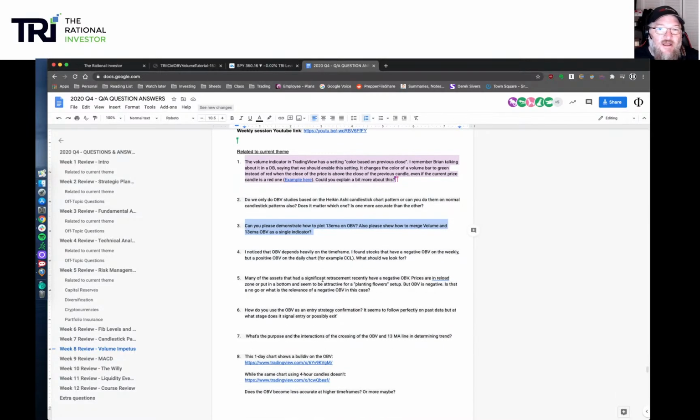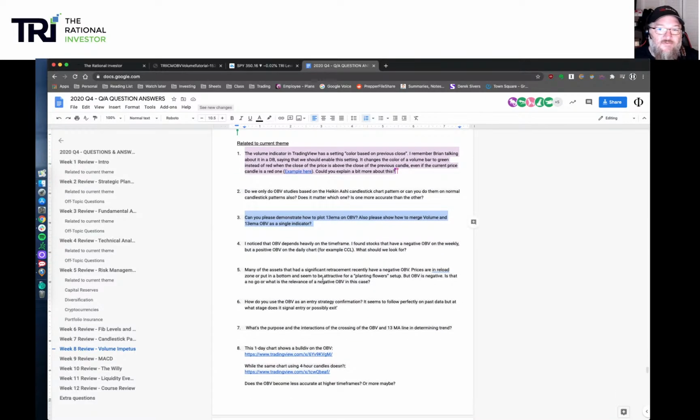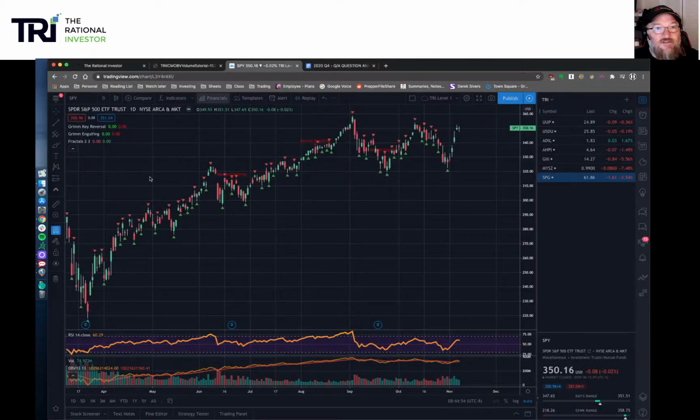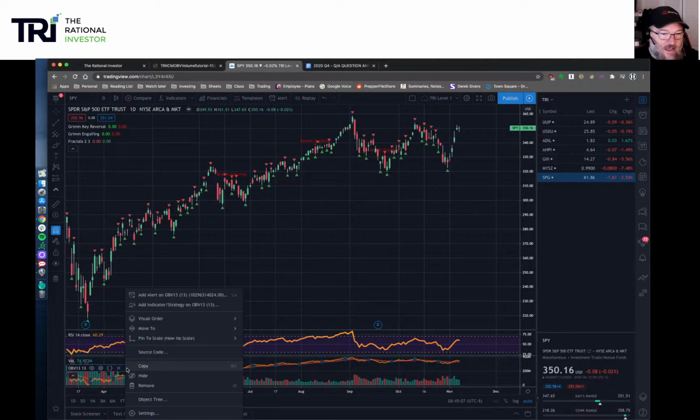Can you please demonstrate how to plot the 13 EMA on the OBV? Well, the easiest way is to use one of these scripts that we've already provided. I don't know that there's a way, there might be, I think there's a way in here to add an indicator for this, add an indicator strategy on something, right?